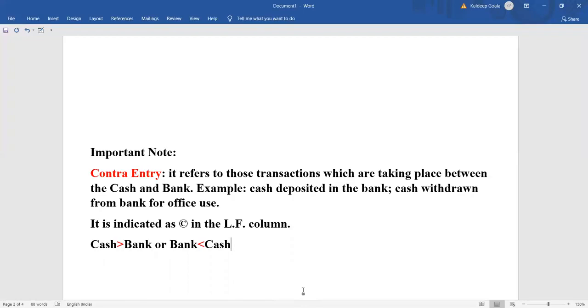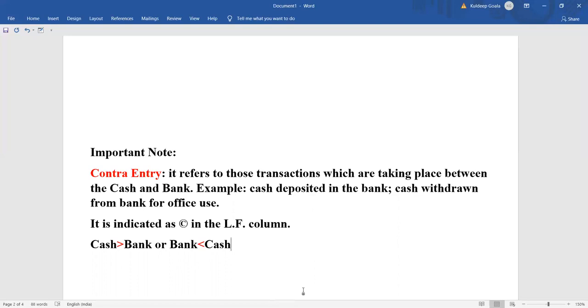If I put money in the bank, it is my own money that was in my hand, and I put it in the bank, so the bank balance increased and the cash balance decreased. But it is not that my money has increased overall. If I have 10,000 rupees in my hand and I deposited this 10,000 in the bank, is it that now the 10,000 became 20,000? No, it is the same 10,000 itself. But now it is not in my hand, it is in the bank, isn't it?